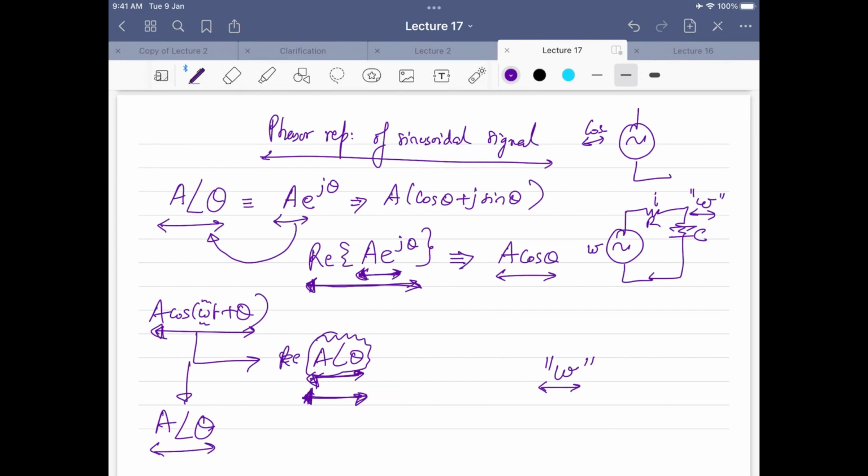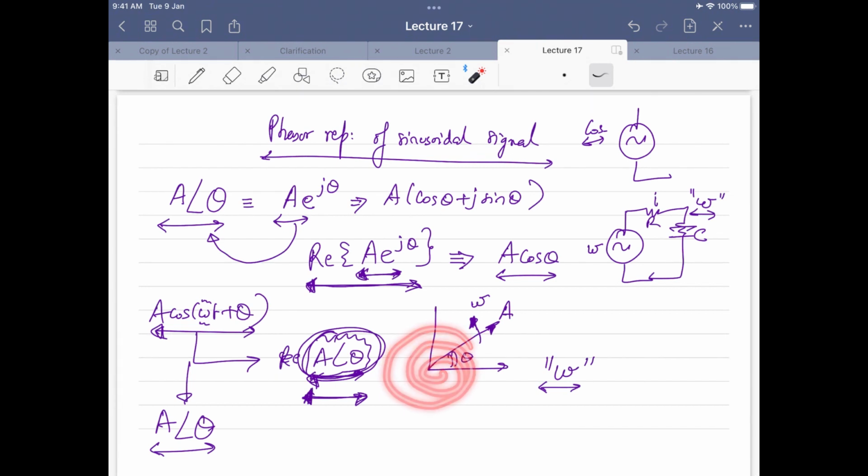But phasors are represented as vectors having the amplitude A and angle theta, and the rotation of this is omega. How fast you are rotating this vector is the omega. So we keep this omega fixed for a specific circuit and we do not go for variations in the omega. Yes, sir, I got it. Okay.